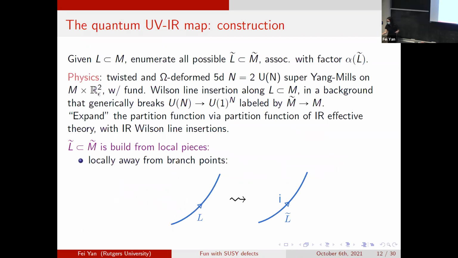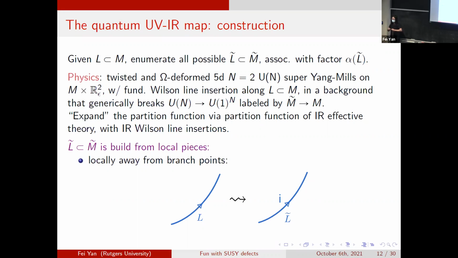I think I'll skip how I construct this, but roughly I can talk in more detail after the talk. But roughly speaking, what one does is uplift to 5D to look at some U(N) super Yang-Mills, and then this link L will physically correspond to the Wilson line in the super Yang-Mills theory. And then going to the infrared just means I'm putting the theory in the background, which generically breaks U(N) to U(1)^N.